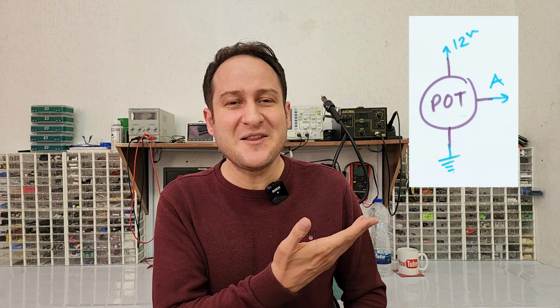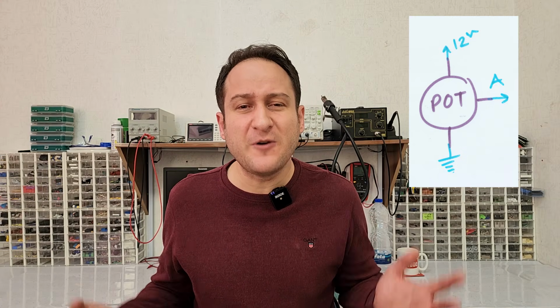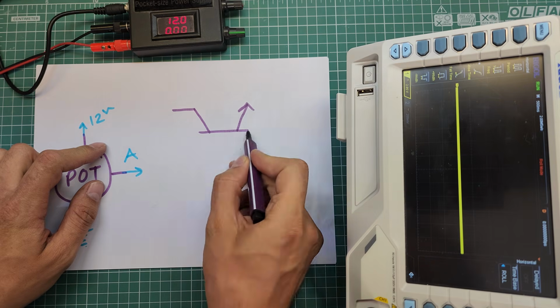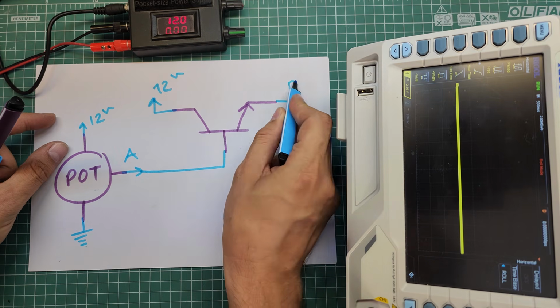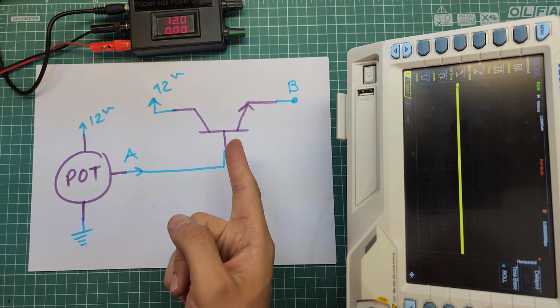In this circuit, we have a weak voltage coming from the middle terminal of the potentiometer, which can vary from ground to source voltage, but it can't deliver enough current. Here is where the transistor comes into play like a superhero to make the voltage strong. The transistor is used like this.